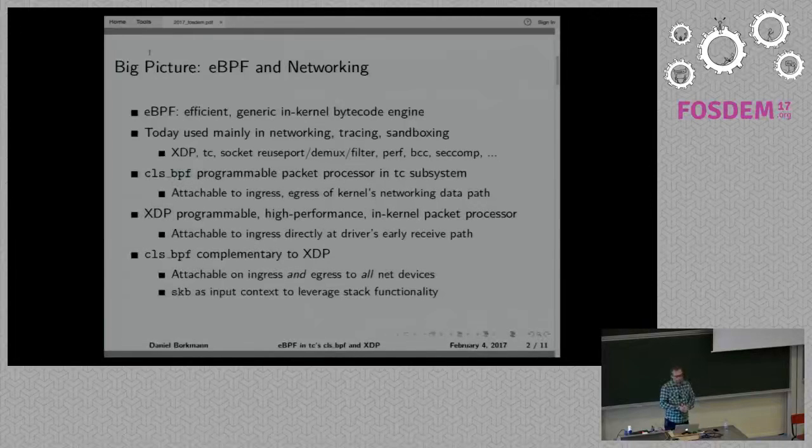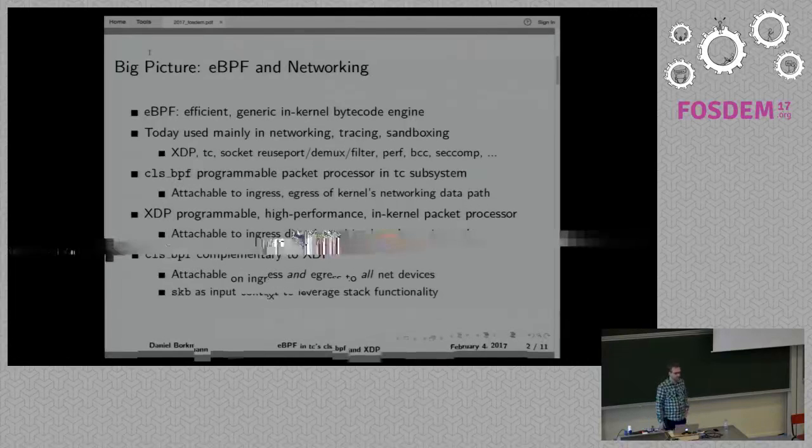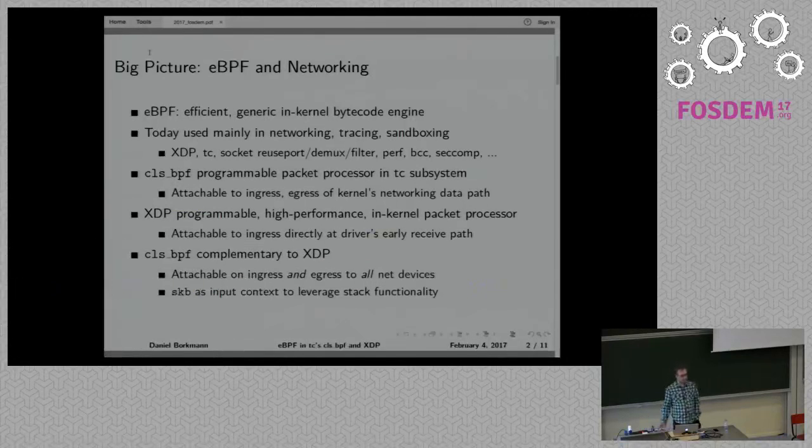I think both things are complementary to each other in the sense that cls_bpf can be attached to all networking devices, also virtual ones like veth devices for different networking namespaces, and it can be attached on ingress and egress, and XDP is currently on ingress.